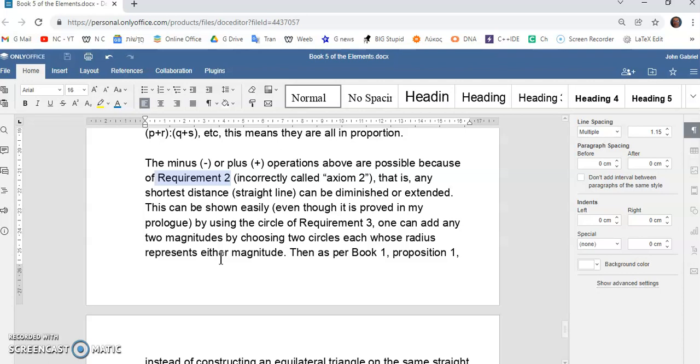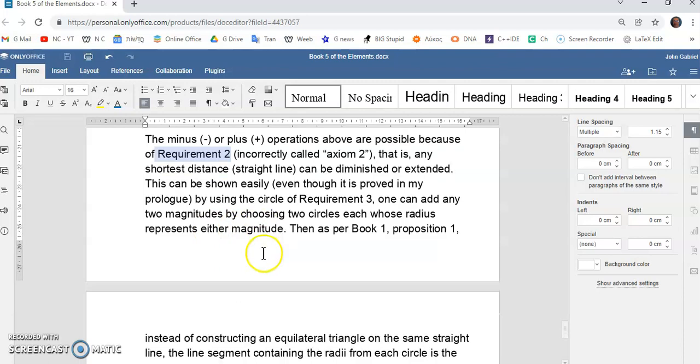You don't even need to know anything about the numbers, and this can easily be shown, even though it is proved in my prologue, to which I'll again place a link in the details section. Using the circle of requirement 3, not axiom 3, one can add any two magnitudes or subtract by choosing two circles whose radii represent either magnitude.